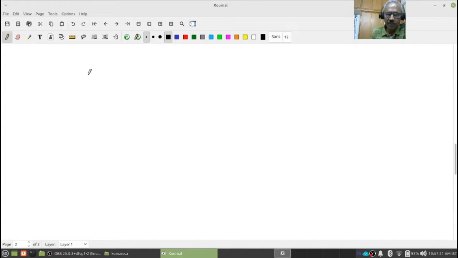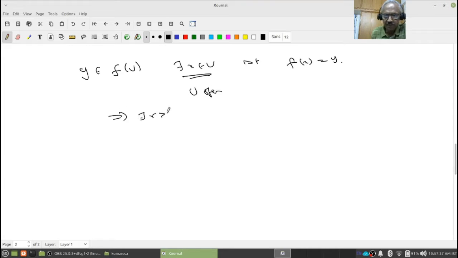Right. So I have to show: let y belong to this. But y belongs to f(U). What does it mean? There is an x in U so that f(x) equals y. Right? Okay. Now, since x is in U and U is open, that means there exists an r positive so that B(x,r) is contained in U. Is that clear? Yes.